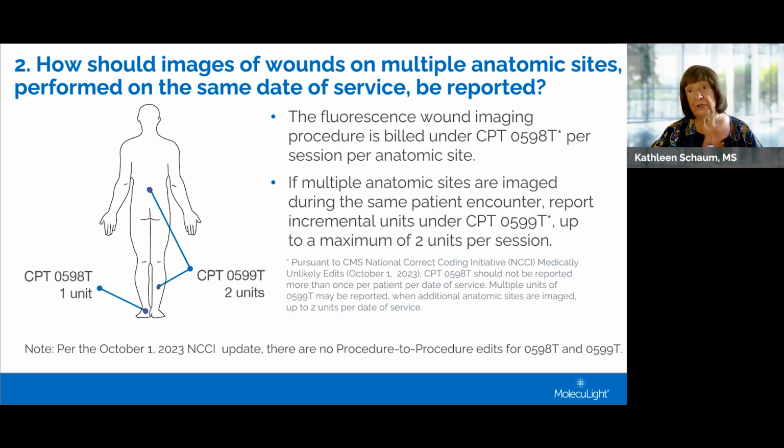The second frequently asked question is, how should images of wounds on multiple anatomic sites performed on the same date of service be reported. Per the code description, the fluorescence wound imaging procedure for the first anatomic site should be reported with CPT code 0598T, as we just discussed.